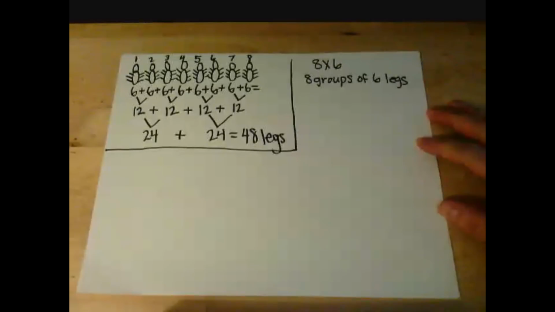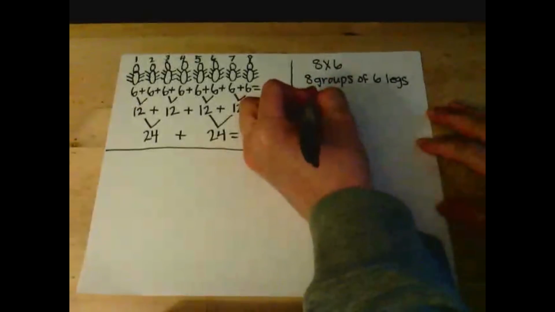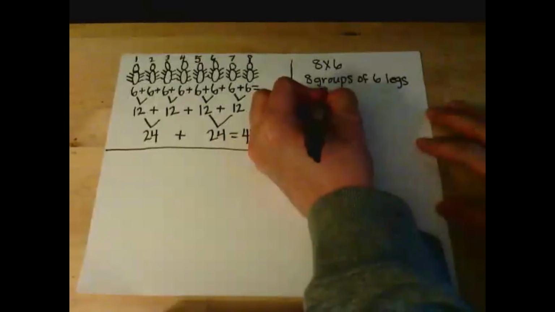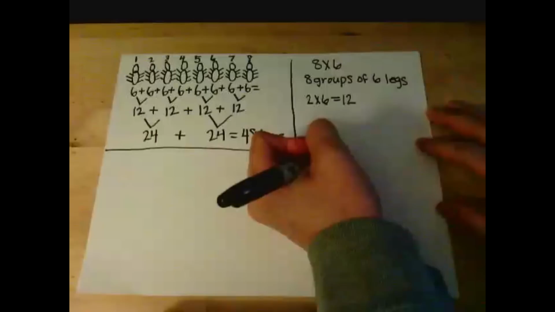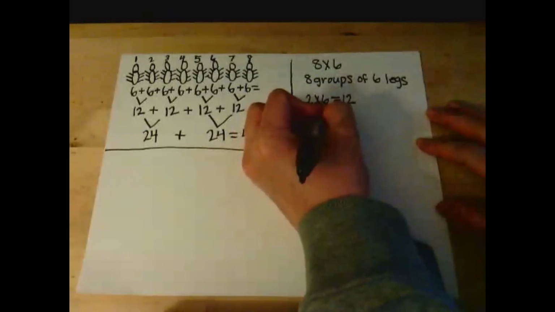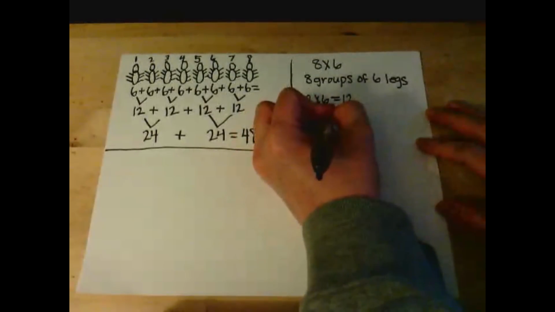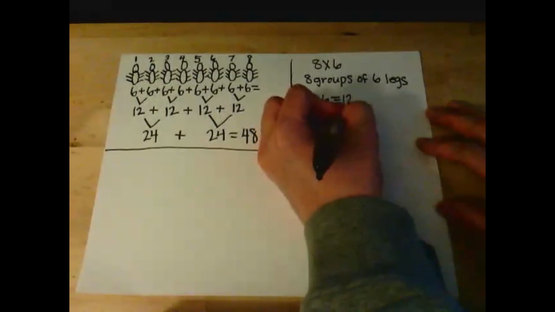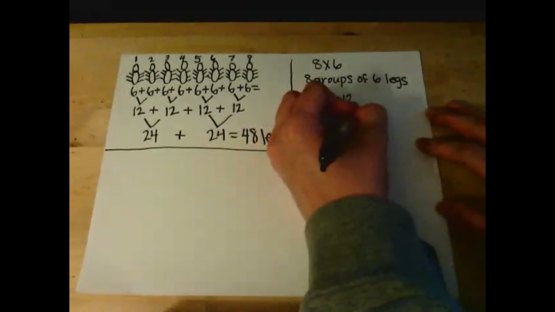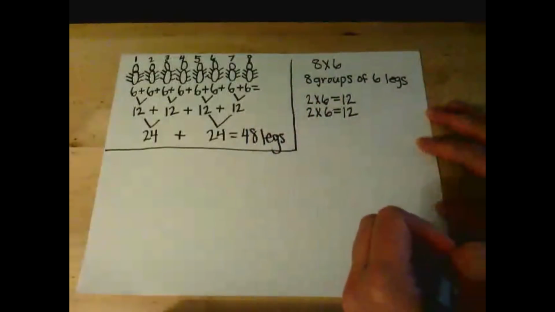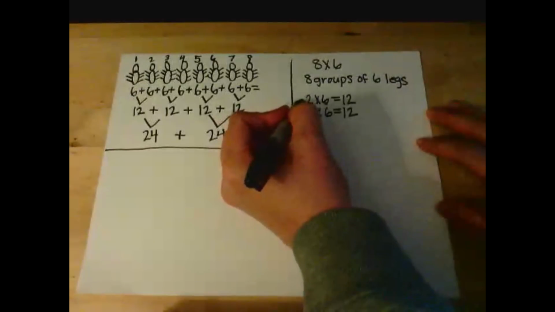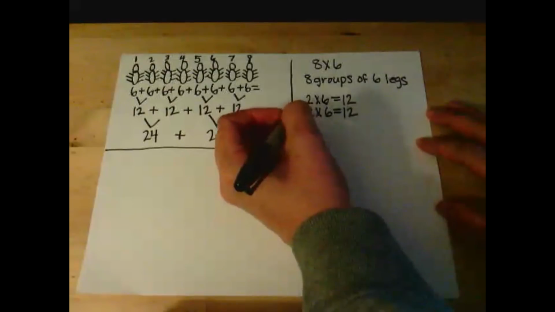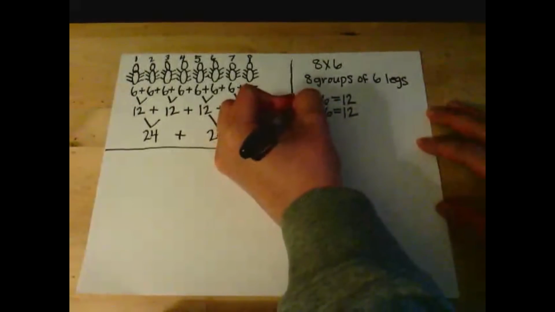Well, maybe you know 2 times 6. So if I know 2 times 6 is 12, I can just keep adding another group of 2 times 6 until I have 8 groups of 6. So here I have 2 groups of 6 and another 2 groups of 6. So altogether, that's giving me 4 groups of 6.